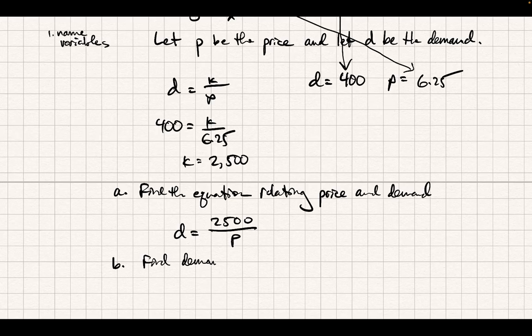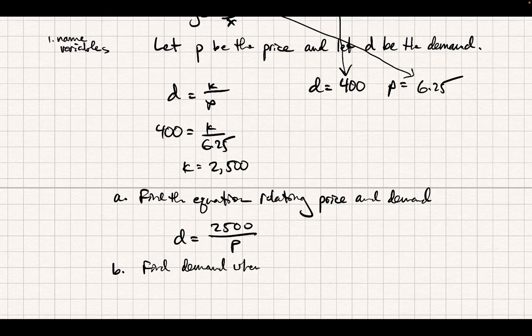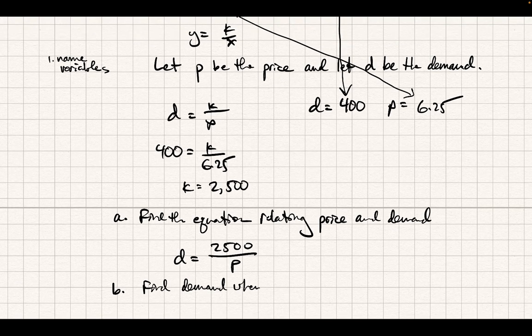What are all those steps? We should label those steps. Define P or K. So I did name variables, then the equation of proportionality, let P be the price.